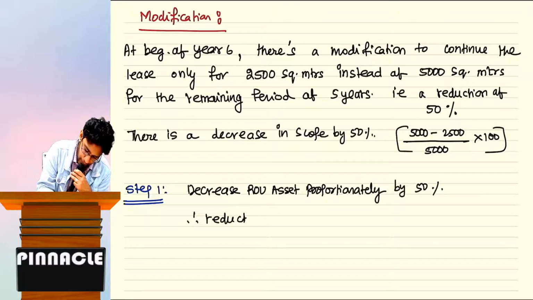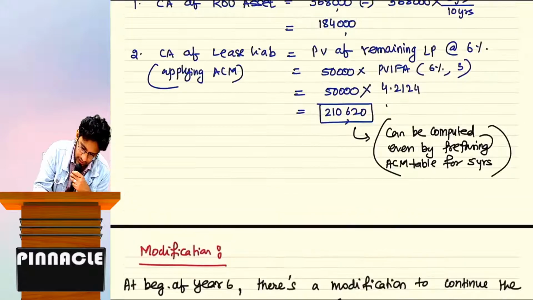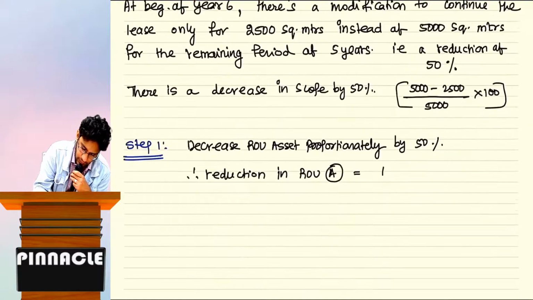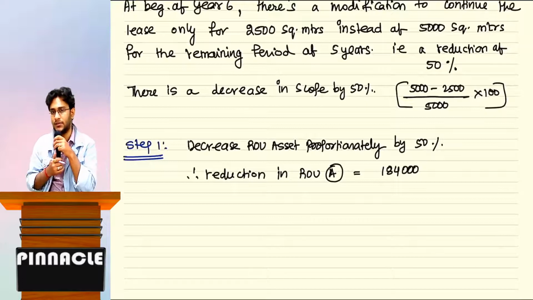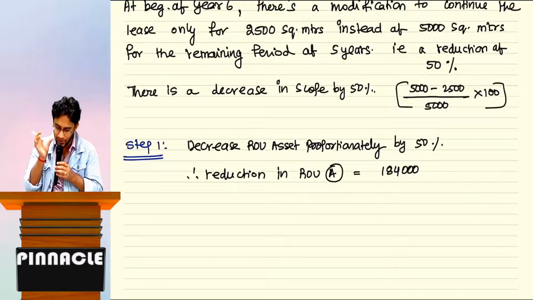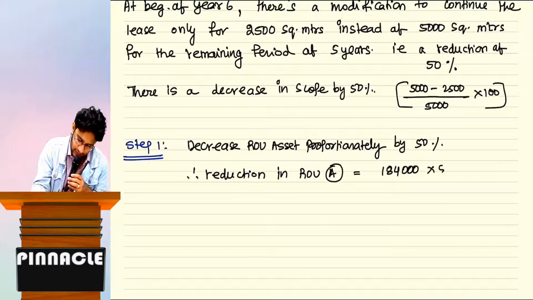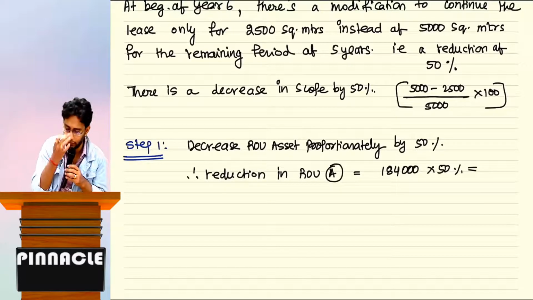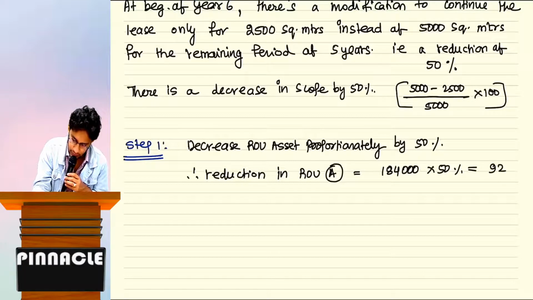Therefore, reduction in ROU asset is equal to, what's the carrying amount now? 184. 184 minus 50% gives the revised carrying amount. I don't want that. I want the reduction value because we have to write the entry, sir. 184 into 50% which is 92,000.